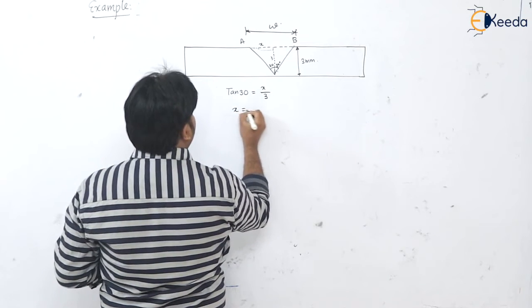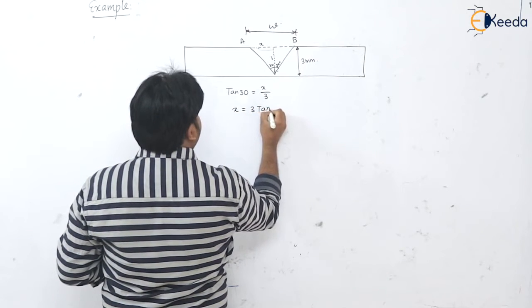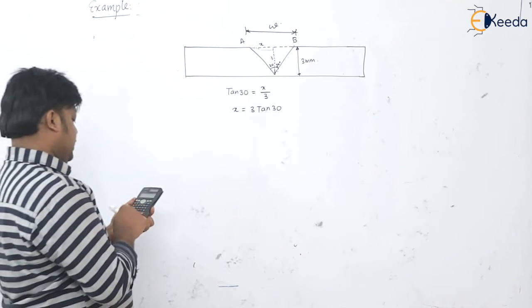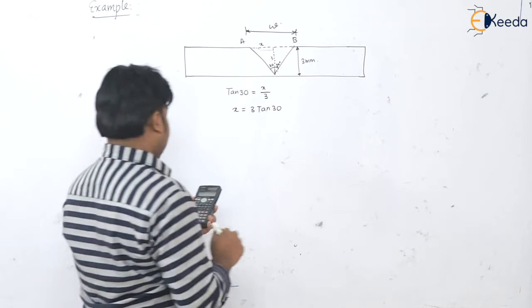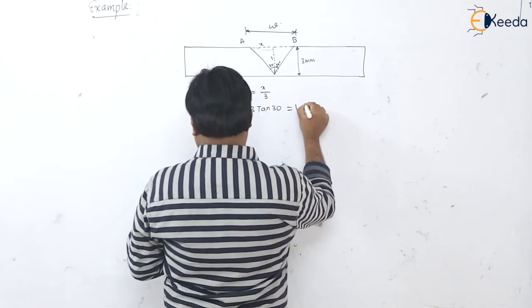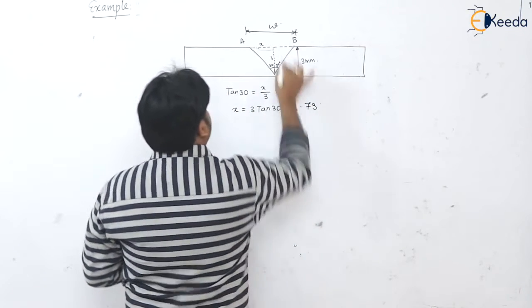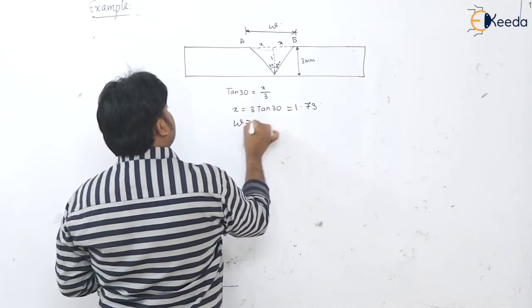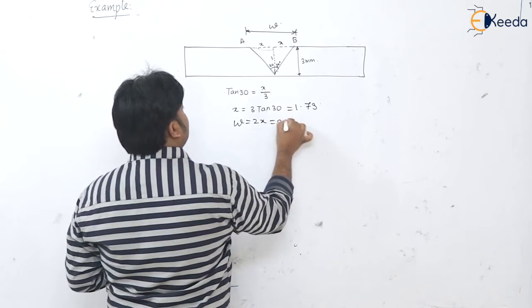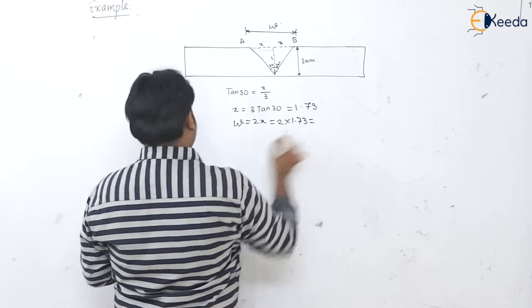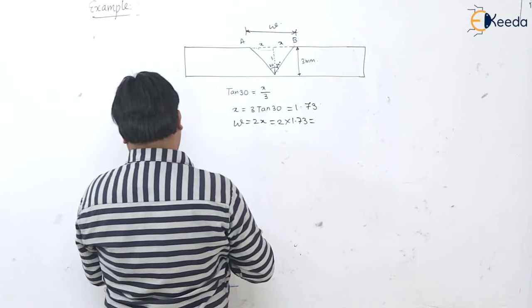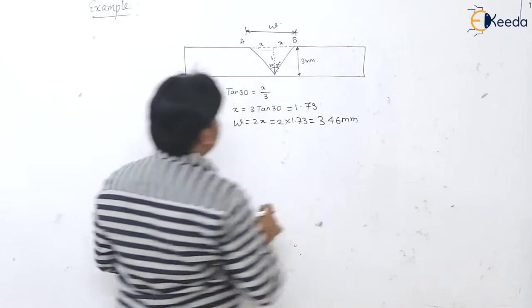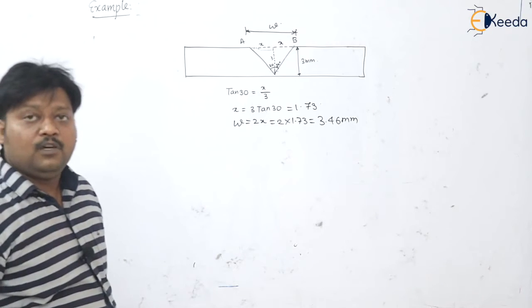So X is equal to 3 tan 30, which is 1.73. And total width will be 2x, so width will be 2 into 1.73, that is 3.46 millimeter.